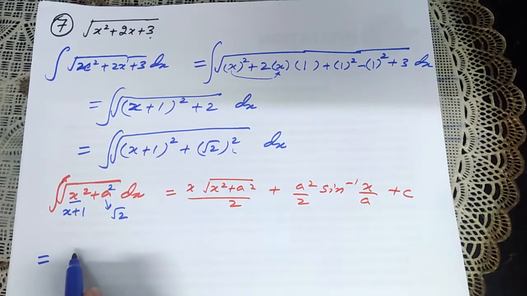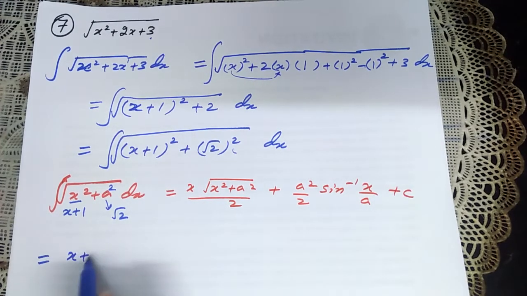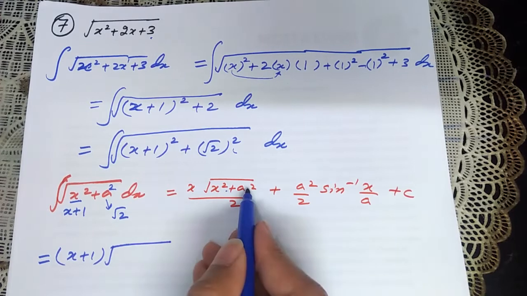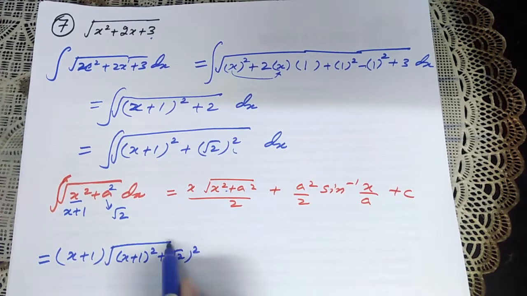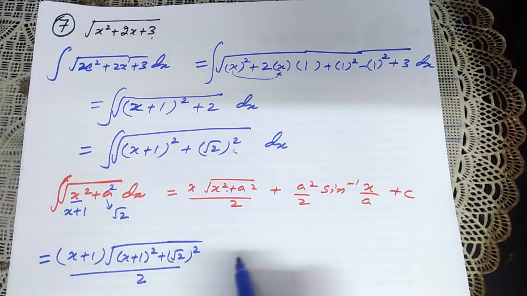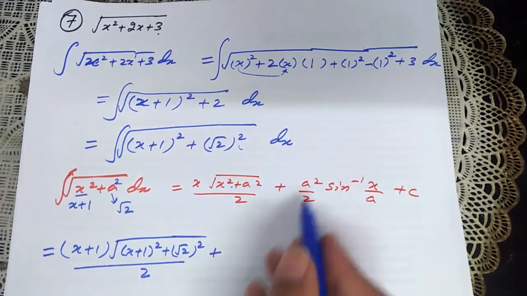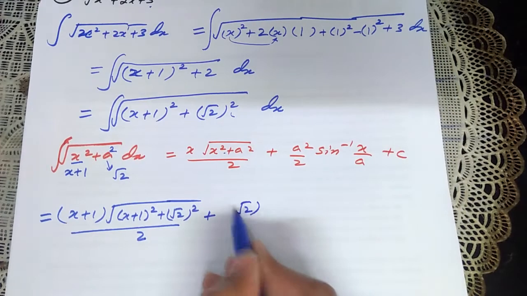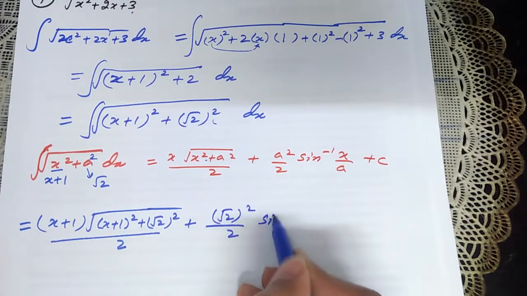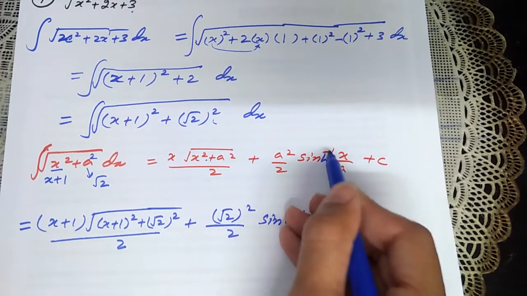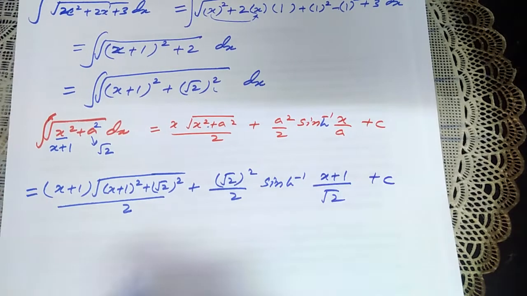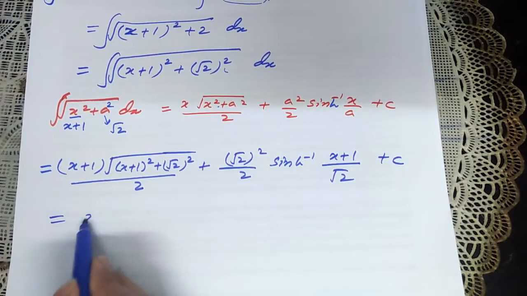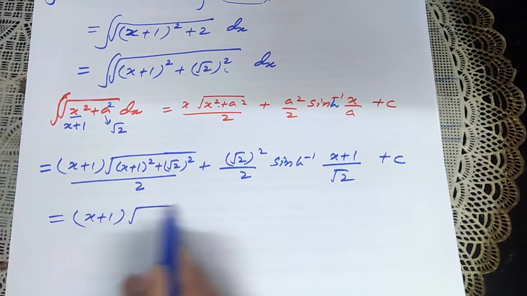So you will get here x now is x plus 1 under root x square plus a square, that is x plus 1 whole square plus under root 2 whole square, divided by 2, then plus a square by 2, that is under root 2 whole square by 2 sine hyperbolic inverse, that is sine hyperbolic inverse x plus 1 over under root 2 plus c. Now you can simplify it as x plus 1 into under root this thing.